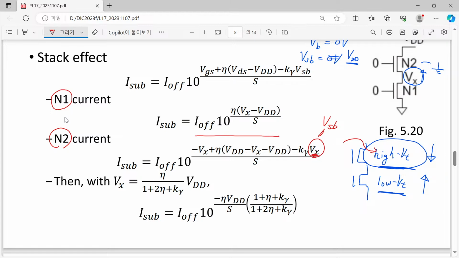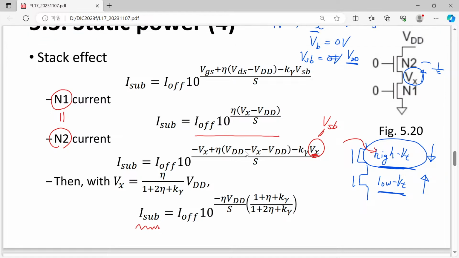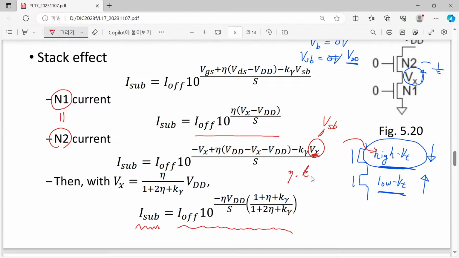Then when we say that IN1 and IN2 should be identical because they are serially connected, you can find that the subthreshold current is not exactly given by this exponential of something, but this is a relatively complicated behavior. But please note that I told you that this eta and k are all unique quantities and much lower than 1.